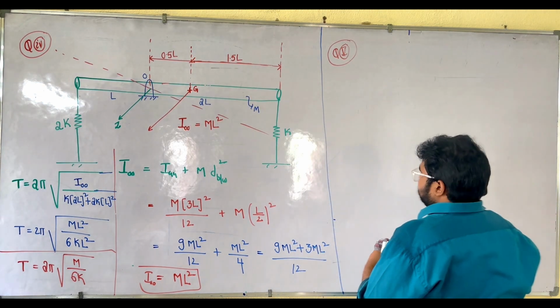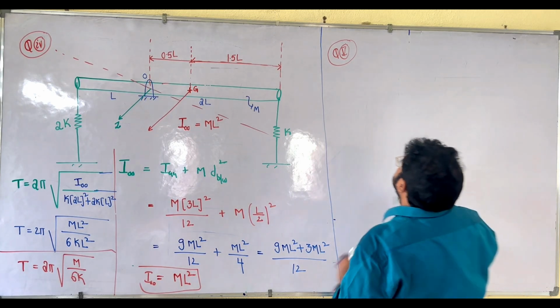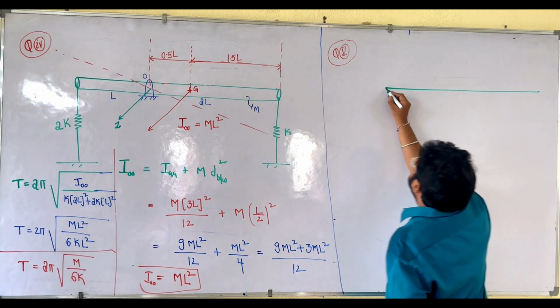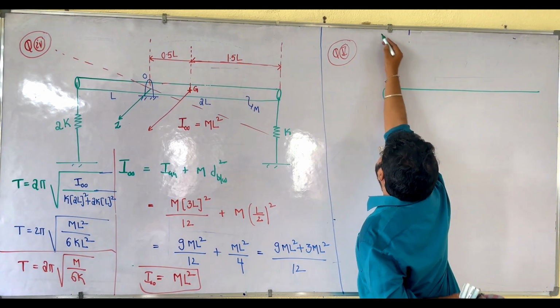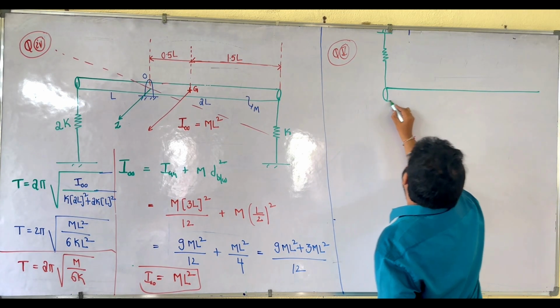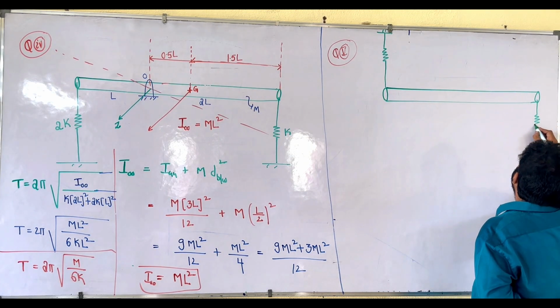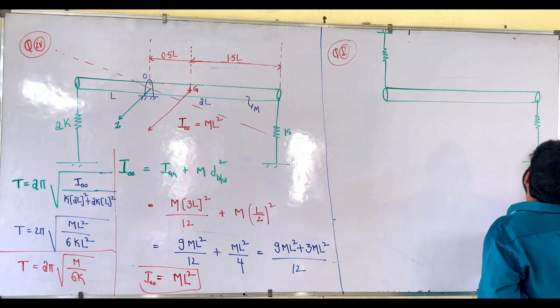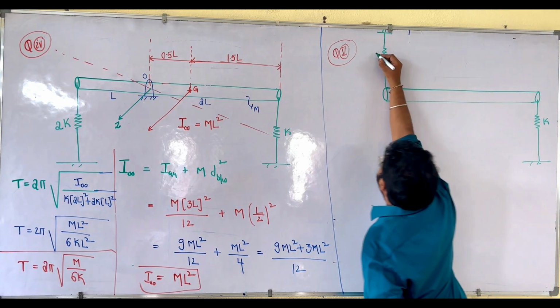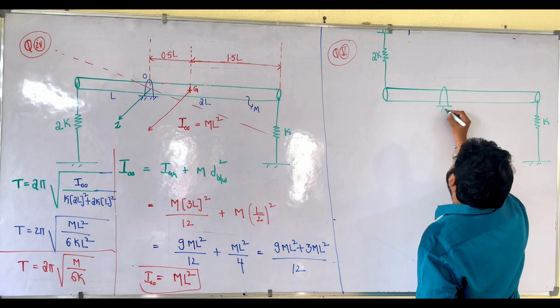Now I am giving you another question. Take this rod. Here one spring, K, from here to here. Another spring, K to K, from here to here.